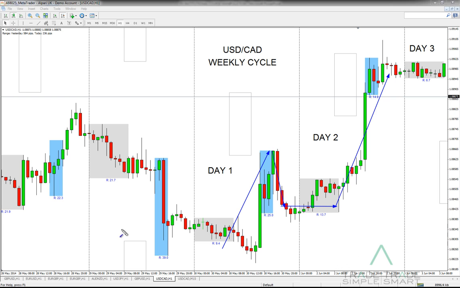Now, being able to interpret the cycle is what allows you to trade intraday in line with the smart money trend. On day three, we're going to be expecting a third move to the upside following the smart money cycle.